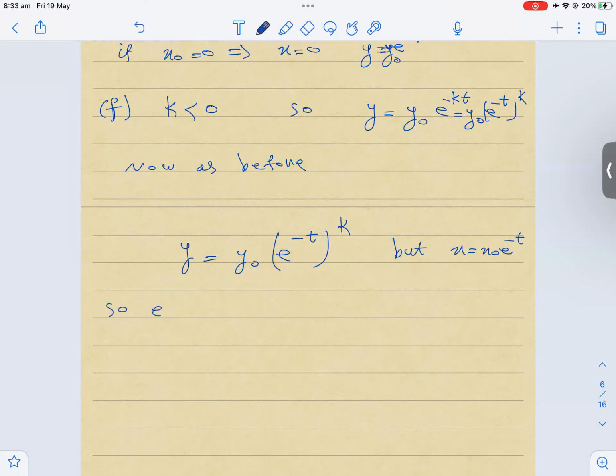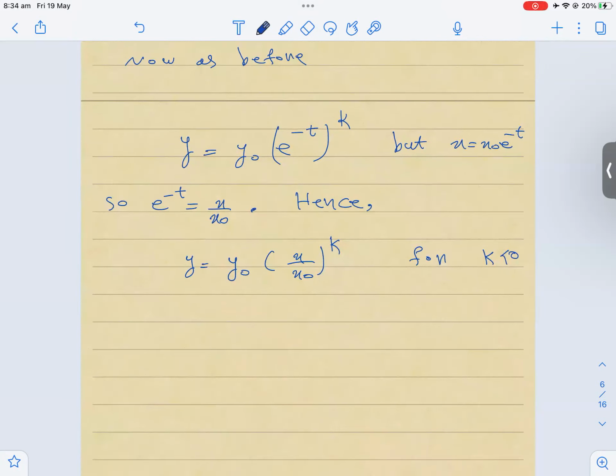So e to the minus t is equal to x over x0. Hence, y equals y0 times x over x0 to the power k for k less than 0. So we've got this as coefficient times x to the k.